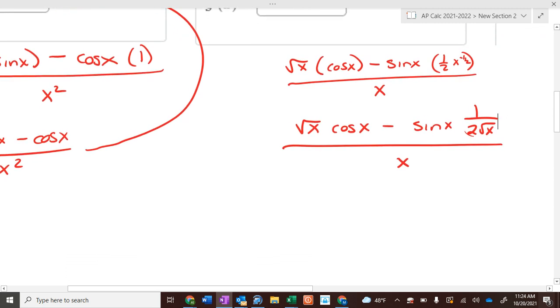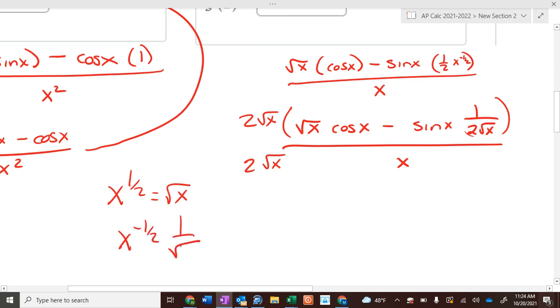So what to do is to multiply by 2 square root of x, both in the numerator and denominator. x to the negative 1/2 is square root of x in the denominator. Why? Because x to the 1/2 is the square root of x, so x to the negative 1/2 is 1 over the square root of x. And then 1/2 is, yeah.